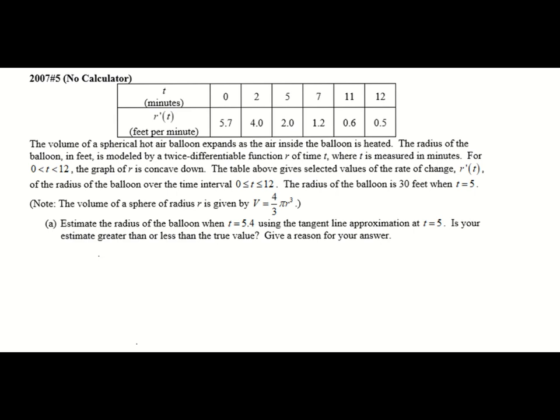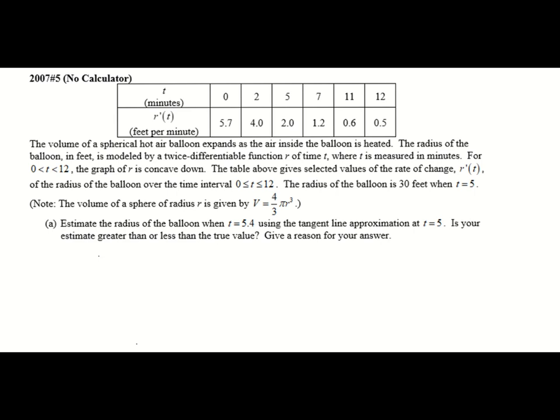A. Estimate the radius of the balloon when t equals 5.4 using the tangent line approximation at t equals 5. Is your estimate greater than or less than the true value? Give a reason for your answer.